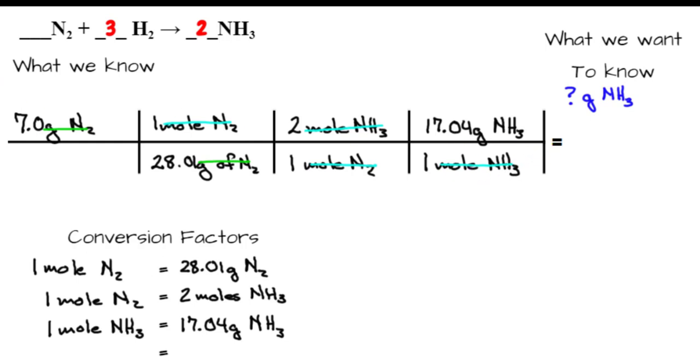And so, if I want to do the math, it's going to be 7.0 times 1 times 2 times 17.04, and all of that is going to be over 28.01 times 1 times 1.